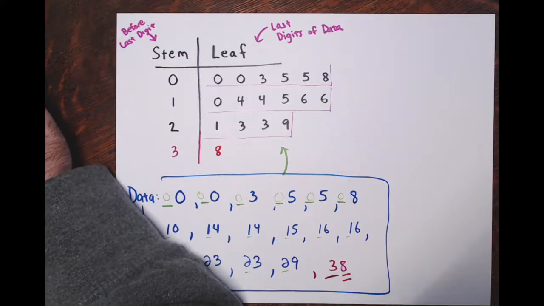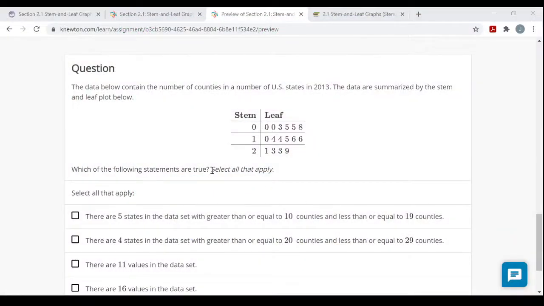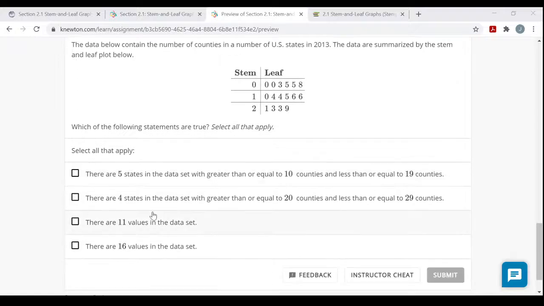Now going back, let's answer their question. Which of the following statements are true? It says select all that apply, so possibly multiple answers. There are 5 states in the data set with greater than or equal to 10 counties and less than or equal to 19 counties. That's 10 to 19, which has a stem of 1.